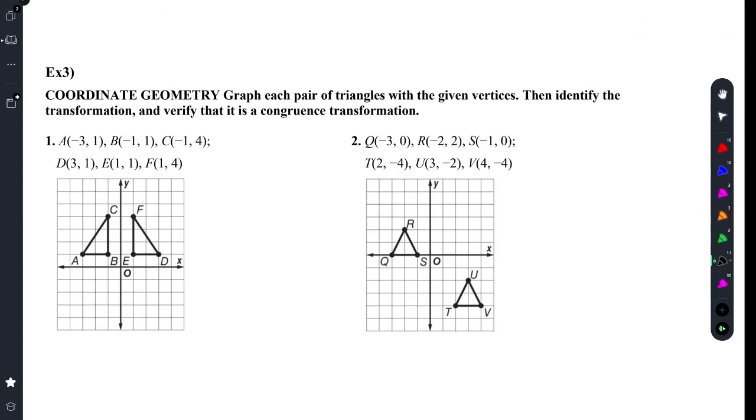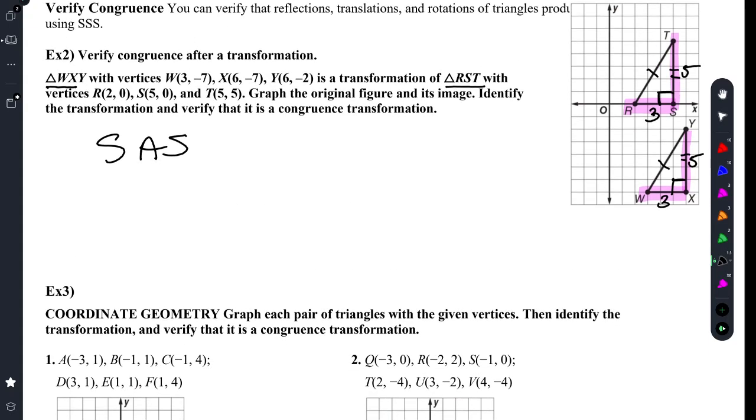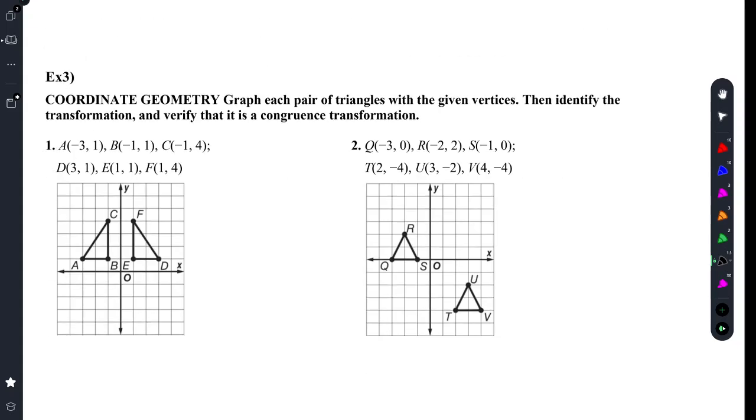All right. Let's do this again. I think they already graphed it for us, right? Oh, we didn't identify it. What is it? Translation, right? All right.